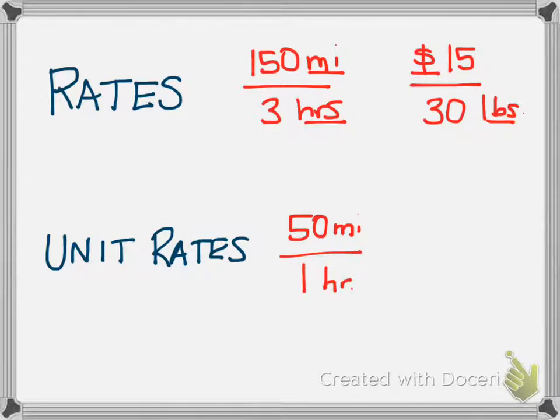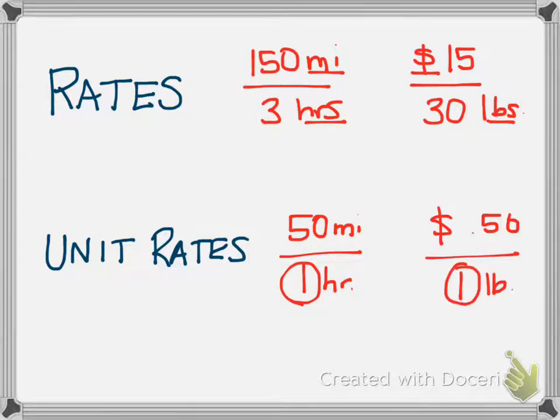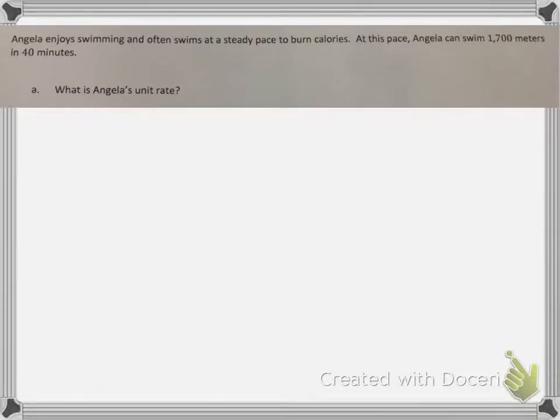That would be a unit rate because of the 1 in the denominator. And likewise, we could say 50 cents for 1 pound. That would be a unit rate because of the 1 in the denominator. And we have some ways to go about finding unit rates. So let's take a look at the example today.